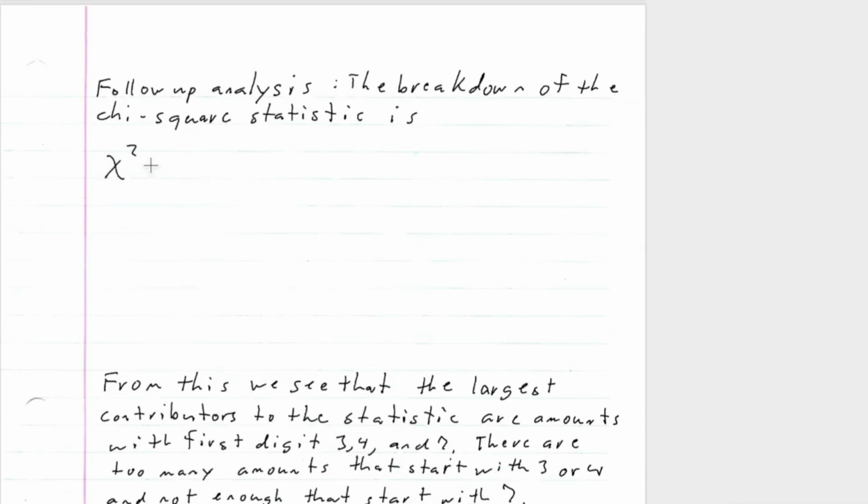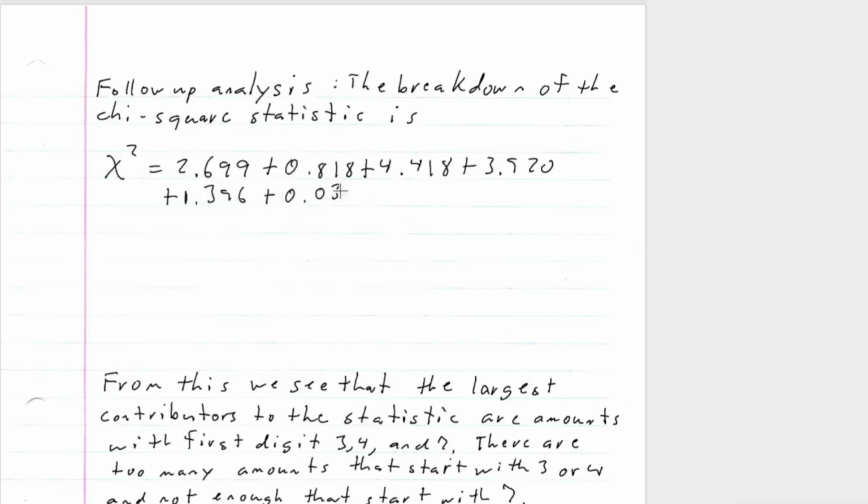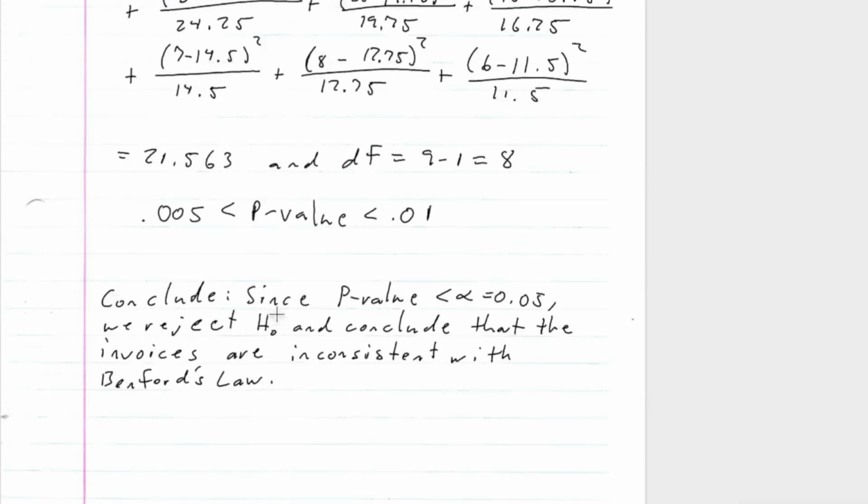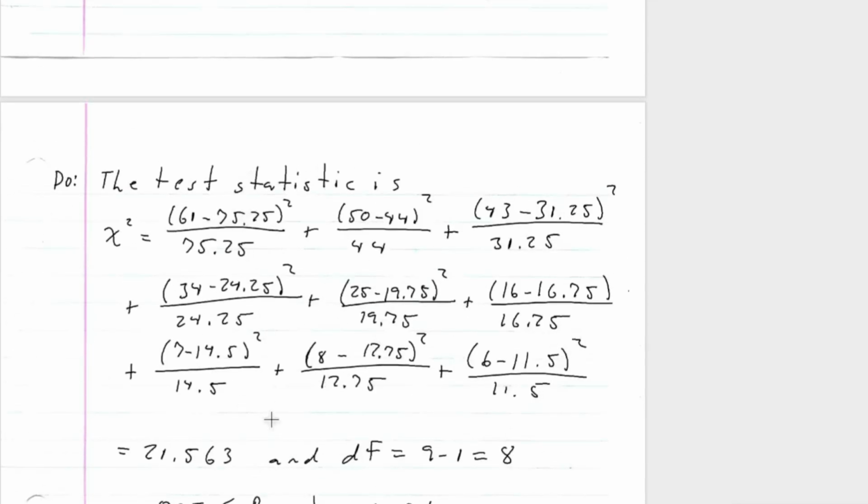So chi-squared was equal to 2.699 plus 0.818 plus 4.418 plus 3.920 plus 1.396 plus 0.036 plus 3.879 plus 1.770 and then plus 2.630. These associate with the numbers here. So those are those numbers carried out.